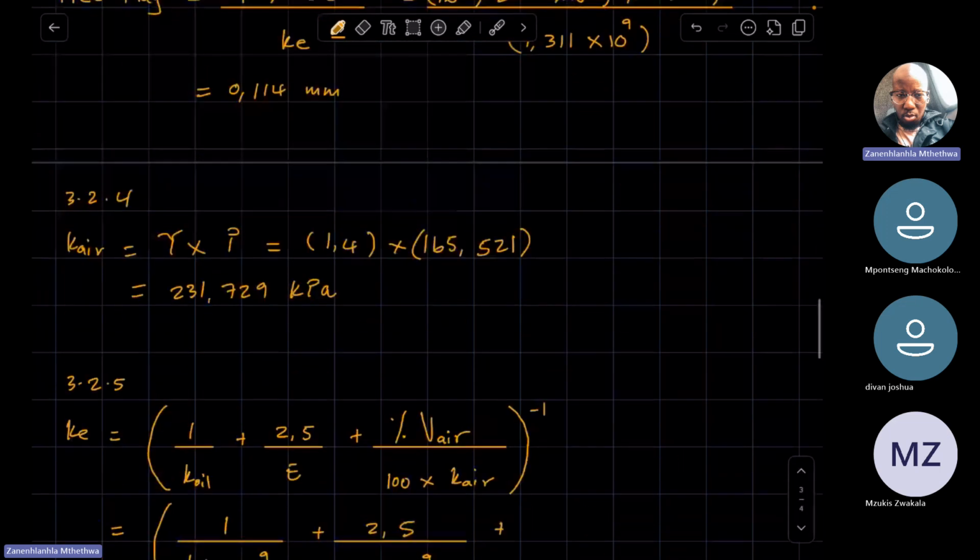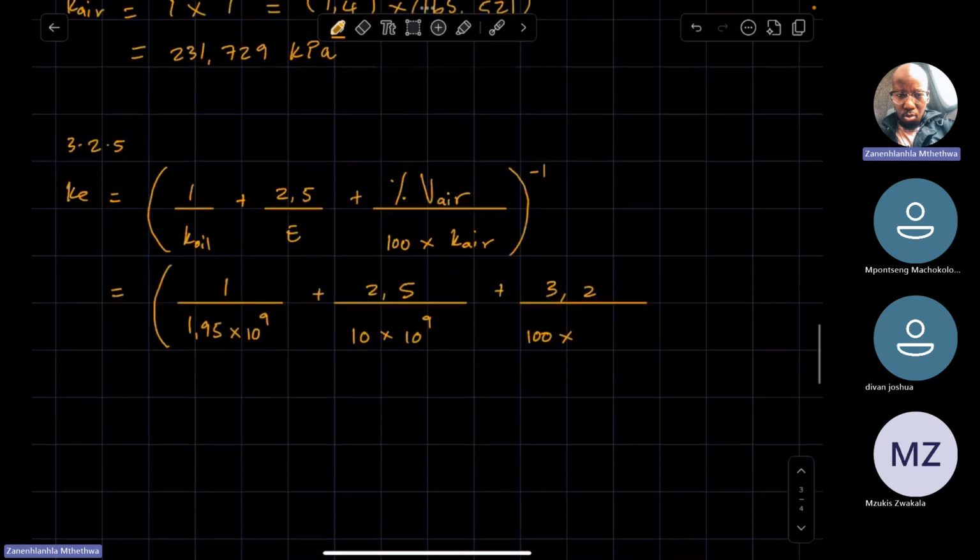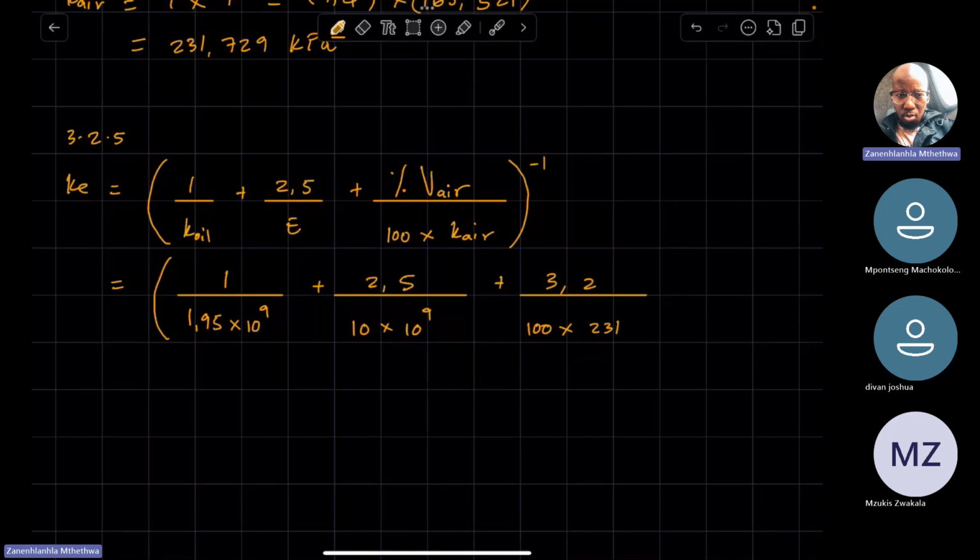3.2%. So here you are going to have 3.2% divided by the 100 times K of air, which we calculated and got the 231,729 times 10 to the 3.